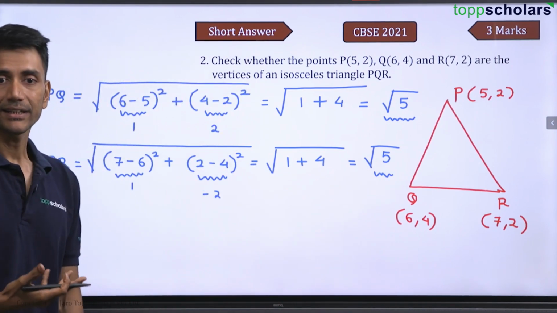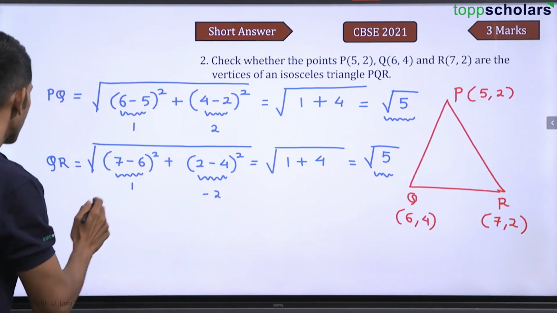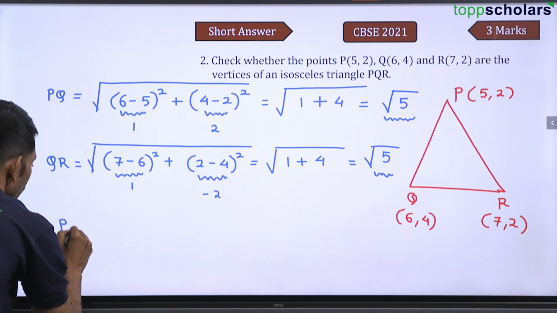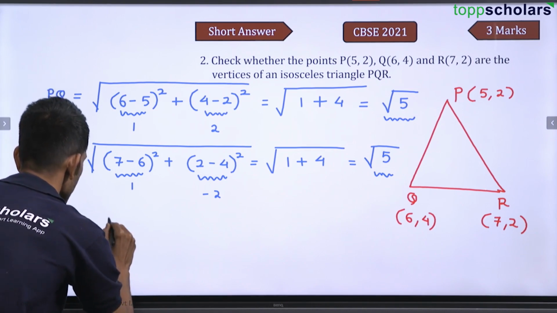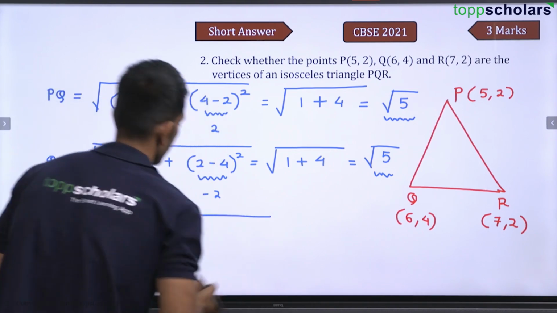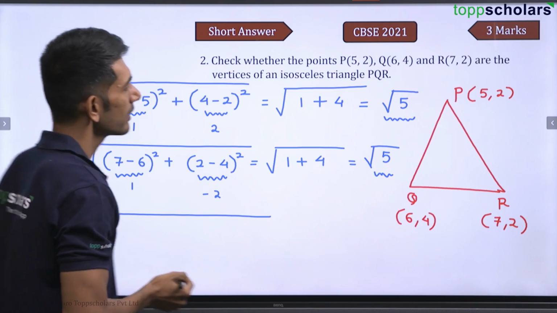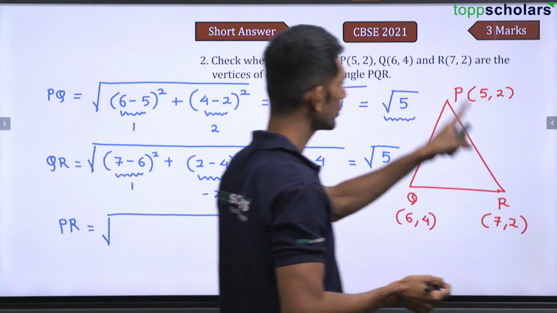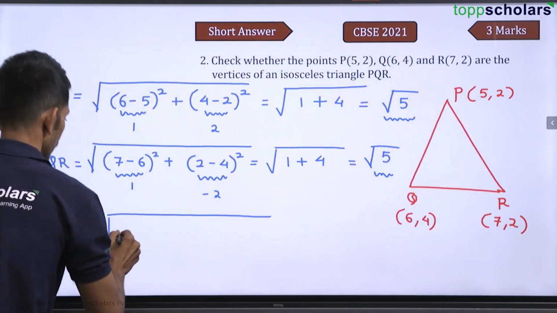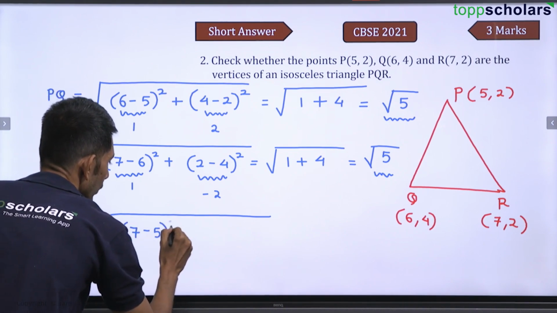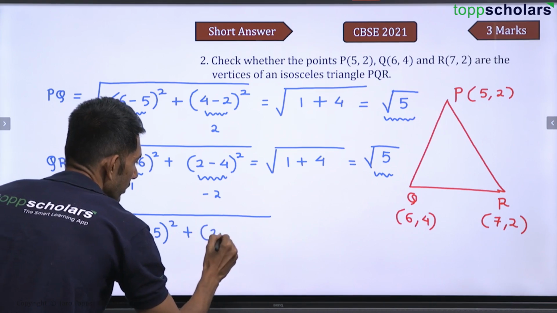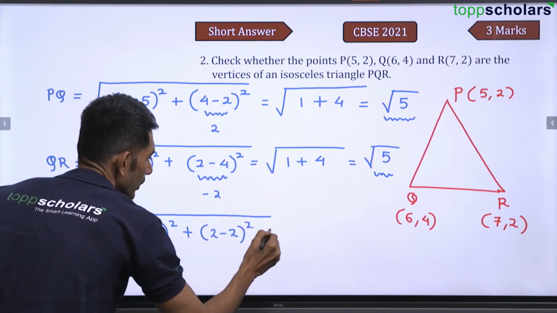And then finally, you can also find out PR. So let us do that. What will be PR? Under root, 7 minus 5 the whole square plus 2 minus 2 the whole square.